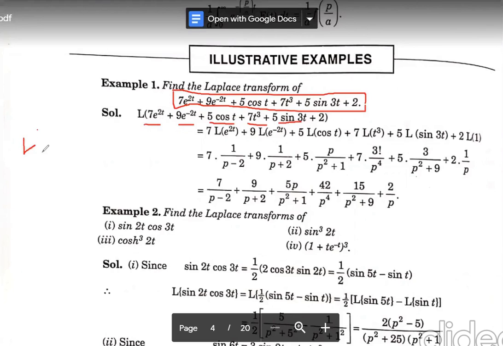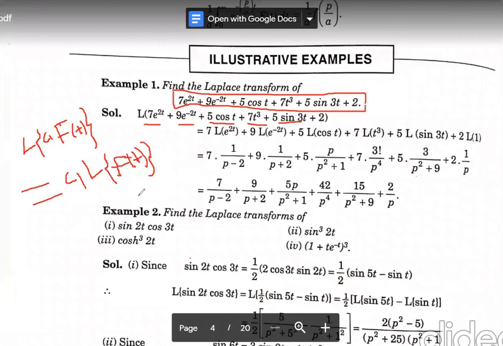Already I have shown you the Laplace transform of C1 into f of t is equal to C1, a constant, taken outside of the Laplace transform. You need to find the Laplace transform of this f of t only.